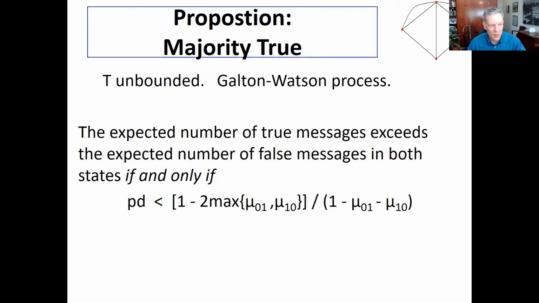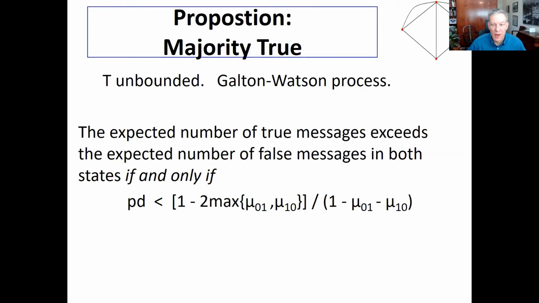We didn't expect it to be this simple, but it turns out to be an exceptionally simple formula, which gives you the bound on when it is that you have a higher expected number of true messages than an expected number of false messages. And if things travel farther than this, then you expect things to have mutated. Okay. Are there any questions just about that proposition?